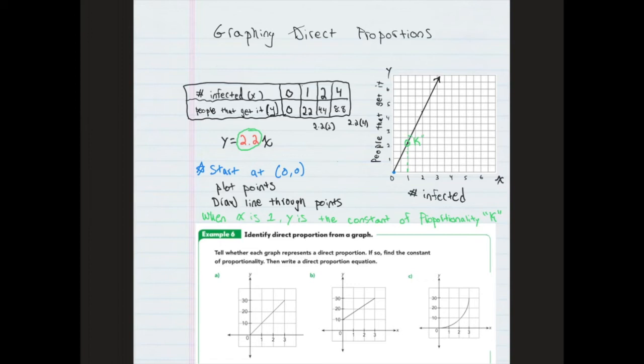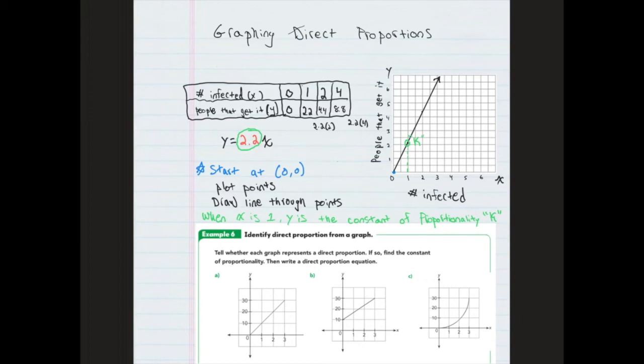Okay, and then there's another key point in graphing direct proportions. If you remember in the last lesson, when we looked at all of these ratios, they never changed. 2.2 divided by 1 is 2.2. 4.4 divided by 2 is 2.2. 8.8 divided by 4 is 2.2.